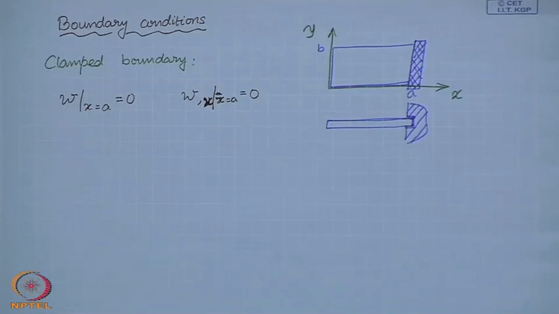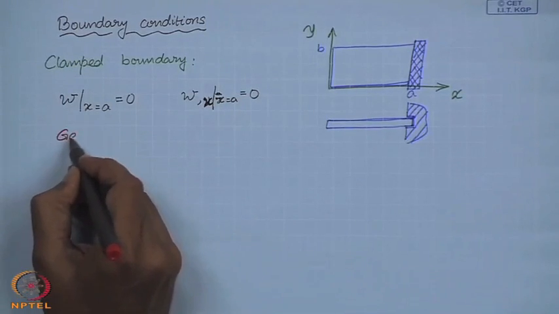So, these are geometric boundary conditions.